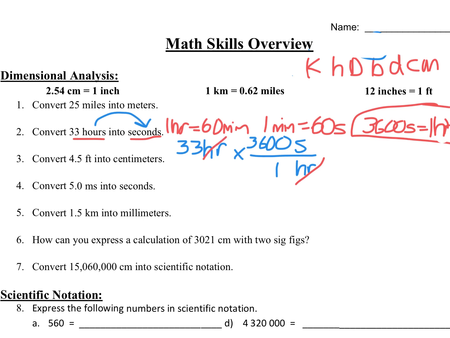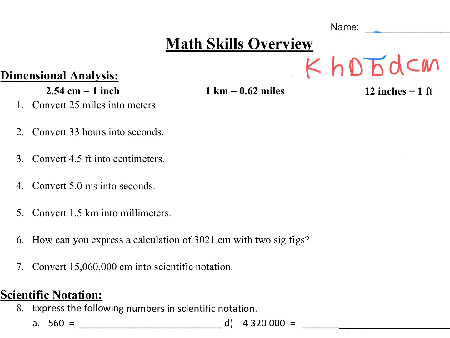Because our units have to cancel so that you're left with seconds up on top. So what I'm going to do, 33 times 3,600 divided by 1. We always multiply by the top, divide by the bottom. What I end up getting for that is about 118,800 seconds, which is a lot of seconds. But there you go. Quick little conversion using dimensional analysis, using units to cancel out.